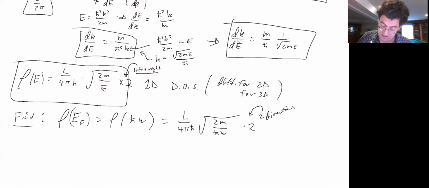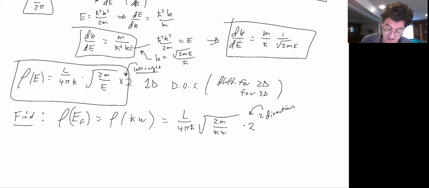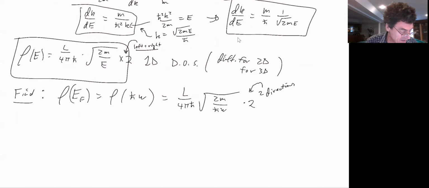The density of states is doubled because I can have the right moving states and the left moving states all at the same energy. It's a degeneracy. Okay, so we have it.